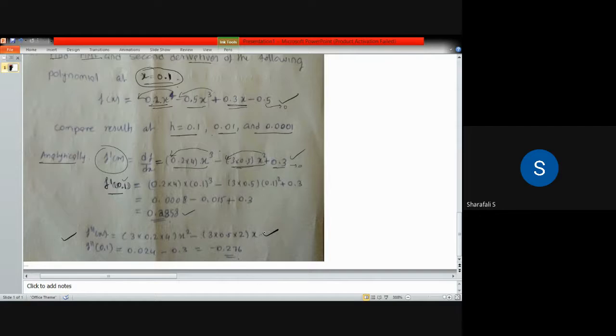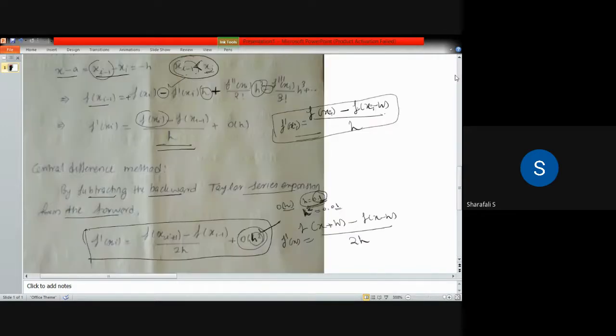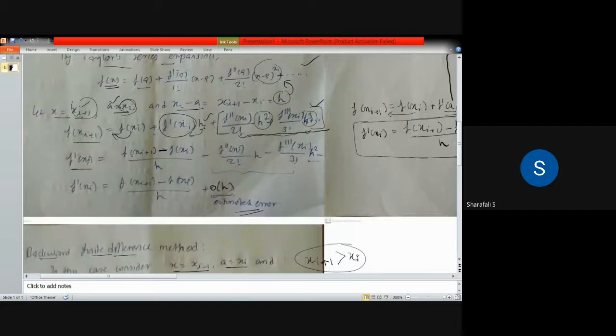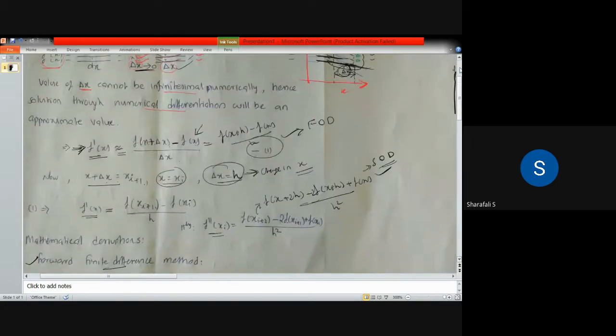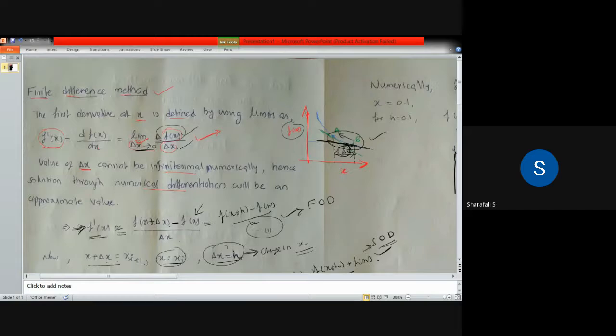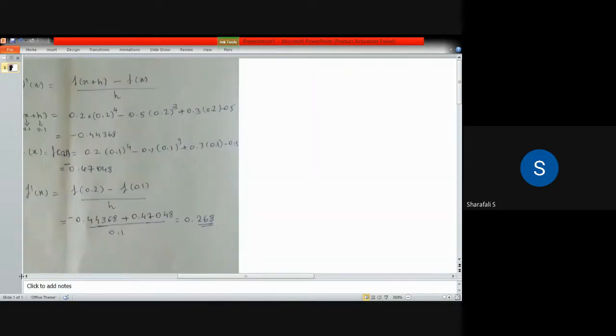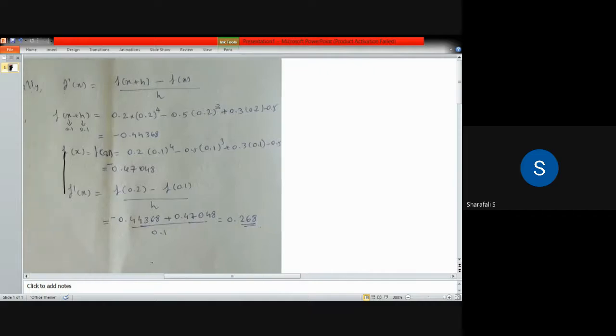So you'll get this equation for the second derivative of that function, and if you substitute x equal to 0.1 in this equation, f double dash of 0.1 will be minus 0.276 for the second order differentiation of that function at x equal to 0.1. Now how will we do that numerically? Whatever we have discussed so far is the analytical solution. So now let us consider how we can do it numerically.